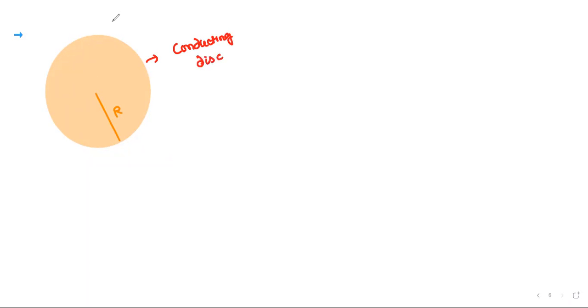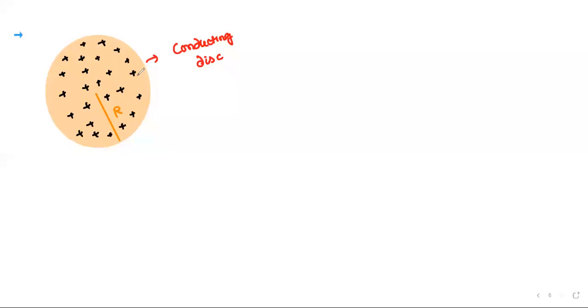Some amount of charge is given to it, that spreads all over the surface. Means we are going to take the sigma concept here. This is the spreading of charge on the conductor.